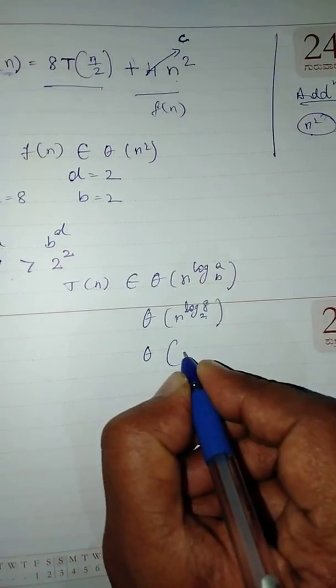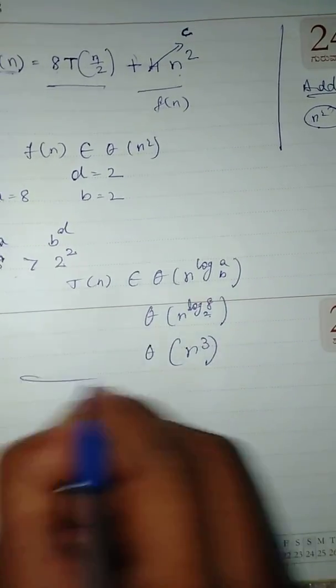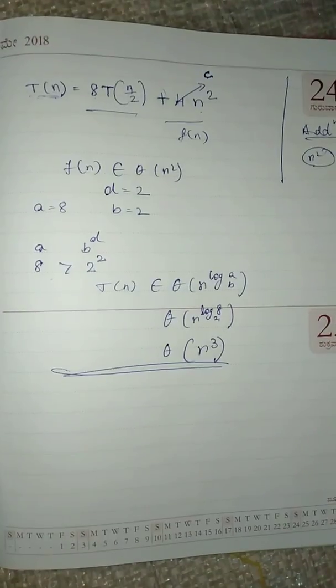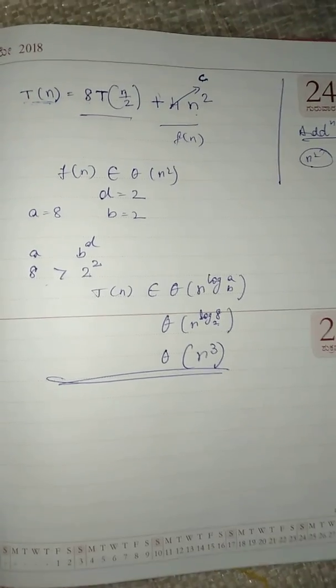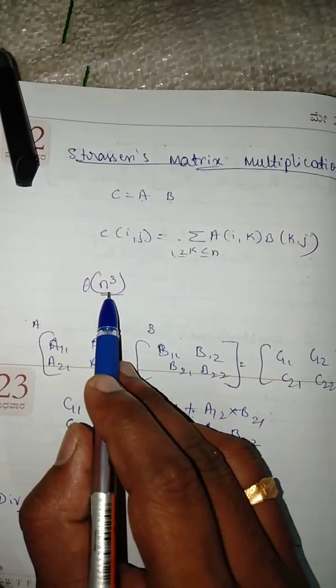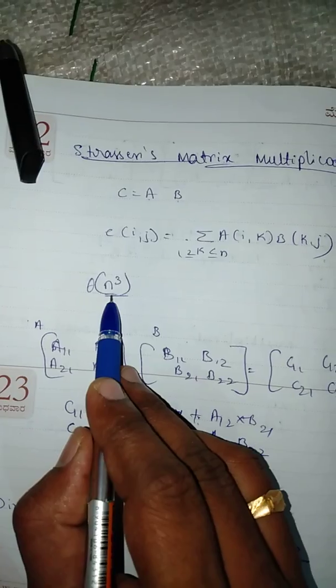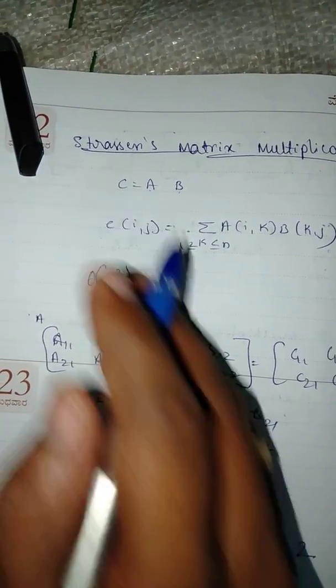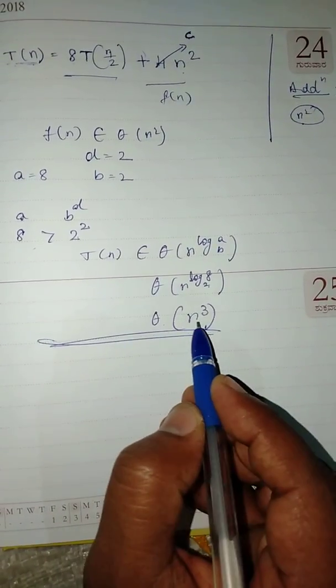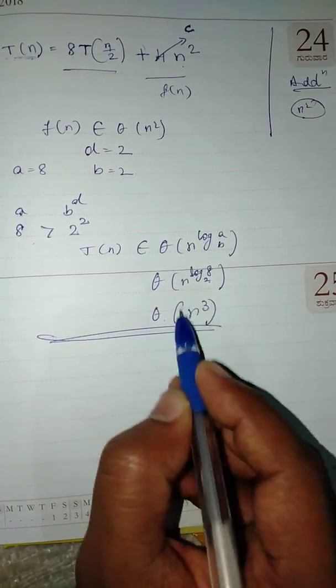So it is theta of n cube. Correct? Theta of n cube. And that is what we already know about the order of matrix multiplication.